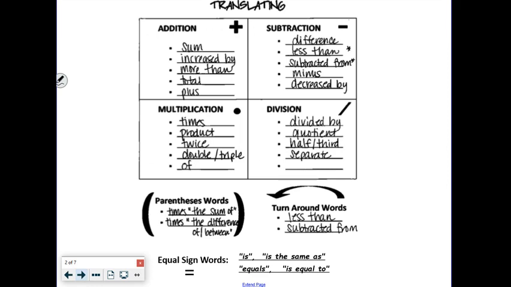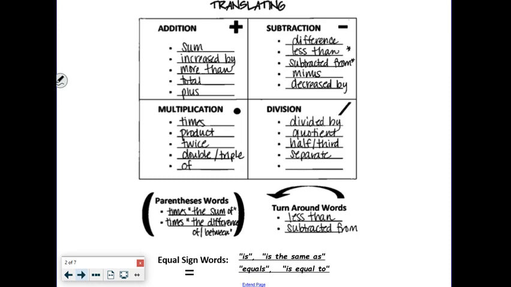Okay, so some key words that can come in handy. The first few examples that we're going to get into actually are not story problems. They are word problems, but they're not going to be stories. They're just going to be sentences that are describing an equation, and we're going to write them out.